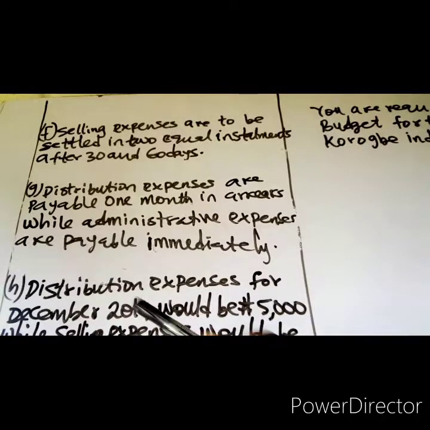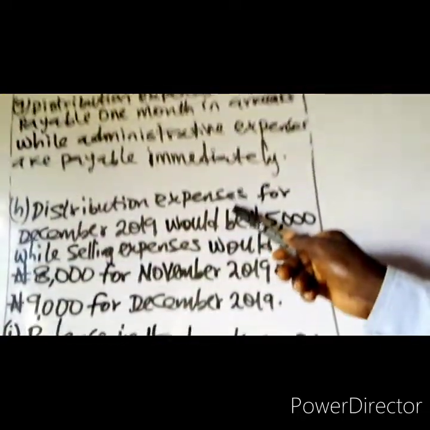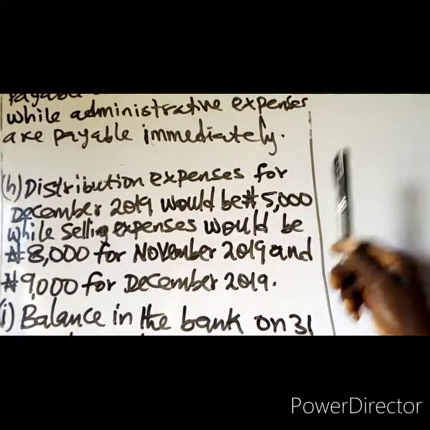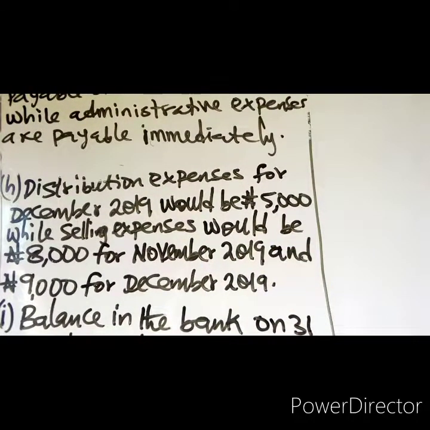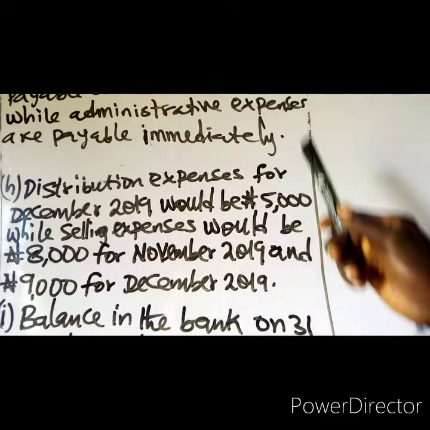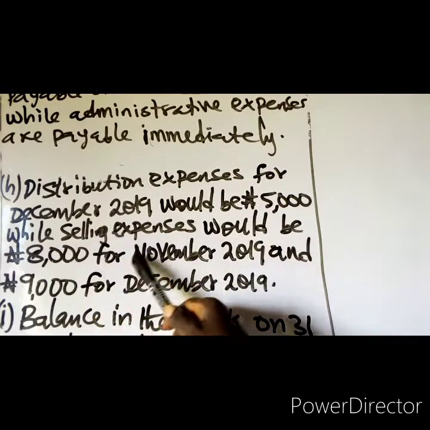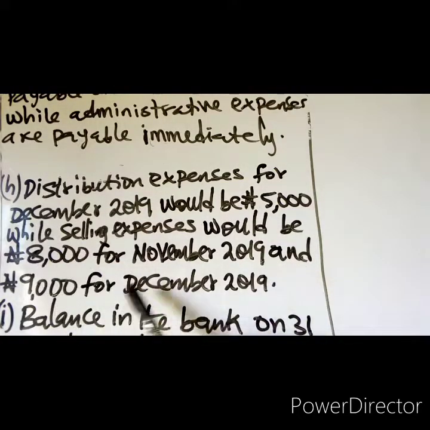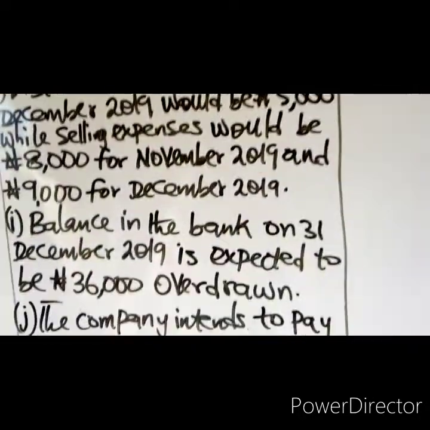H. Distribution expenses for December 2019 will be 5,000 naira, while selling expenses will be 8,000 naira for November 2019 and 9,000 naira for December 2019.